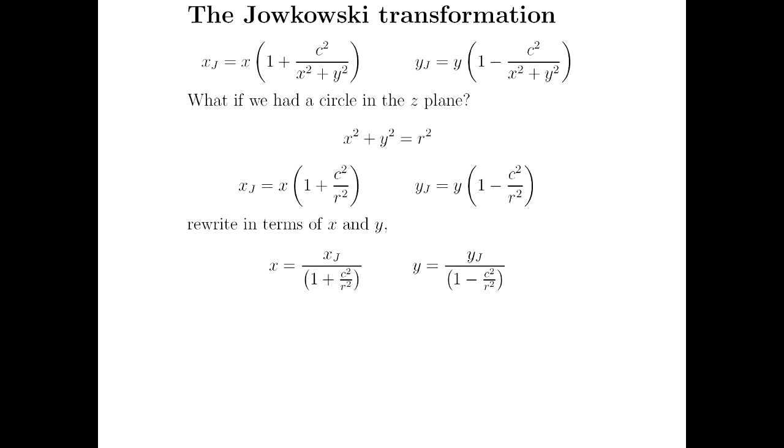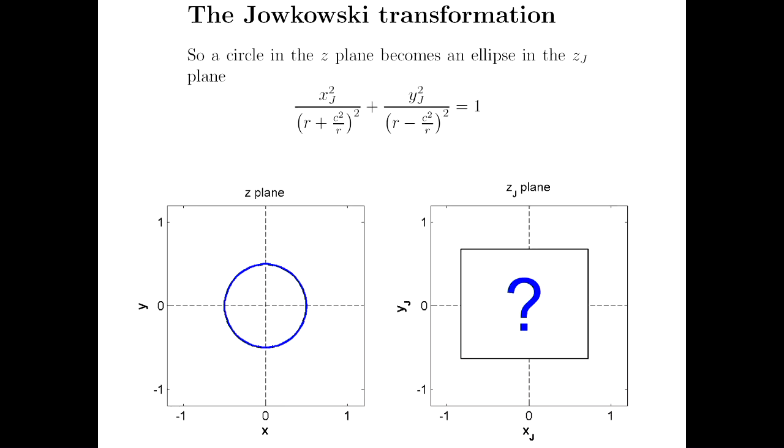So x is now xj over 1 plus c squared over r squared, and y is yj over 1 minus c squared over r squared. If I substitute back into the equation of a circle, what does this look like? An ellipse. I heard someone say an ellipse, and you're absolutely right.